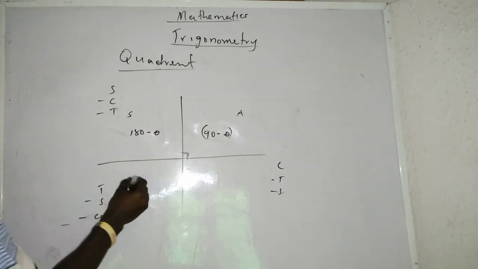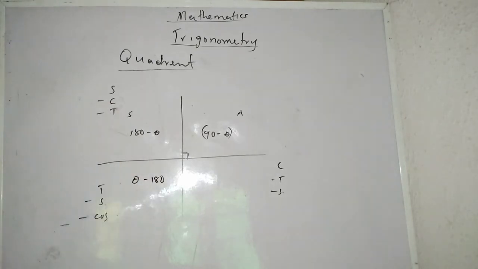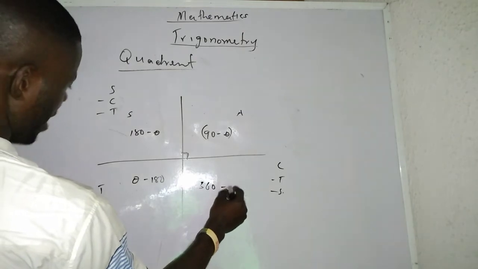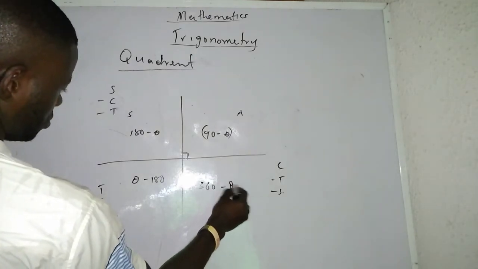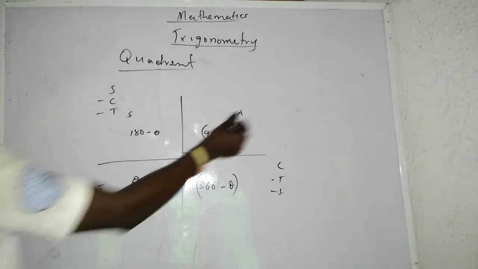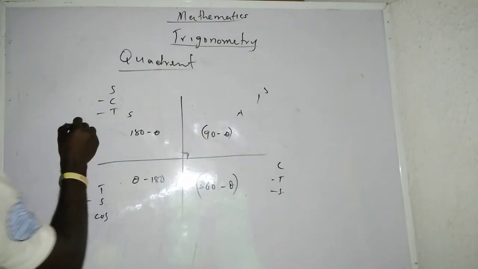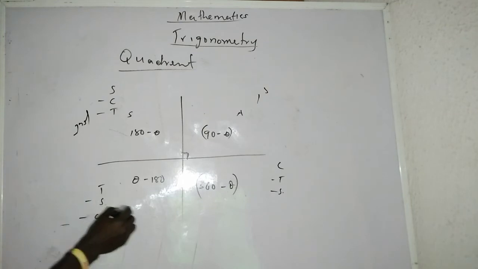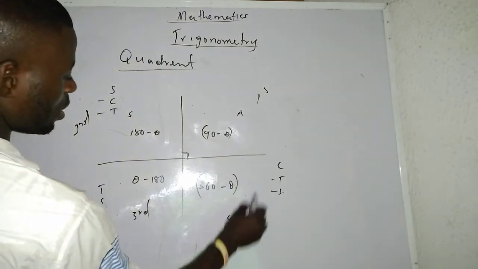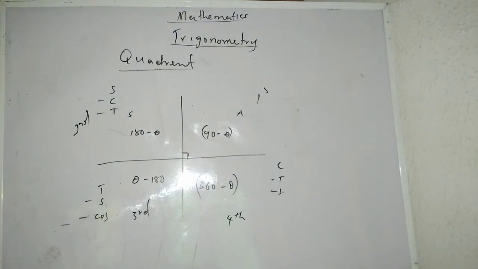Now, this one, theta minus 180, and this one is 360 minus theta. Now, first quadrant, second quadrant, this is first, this is second, this is third, and this is fourth. Now, that's how it is.